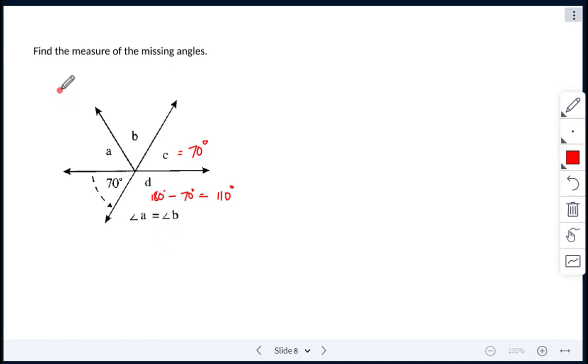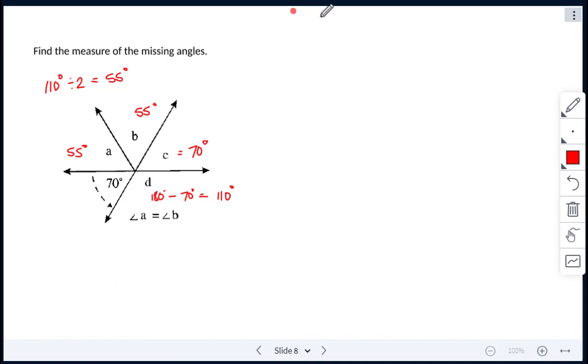To figure that out, all we do is take the 110 and divide it by 2, and that gives me 55 degrees. So angle A is 55 degrees, and angle B is 55 degrees. To check this, all of these angles together should add up to 360 degrees.